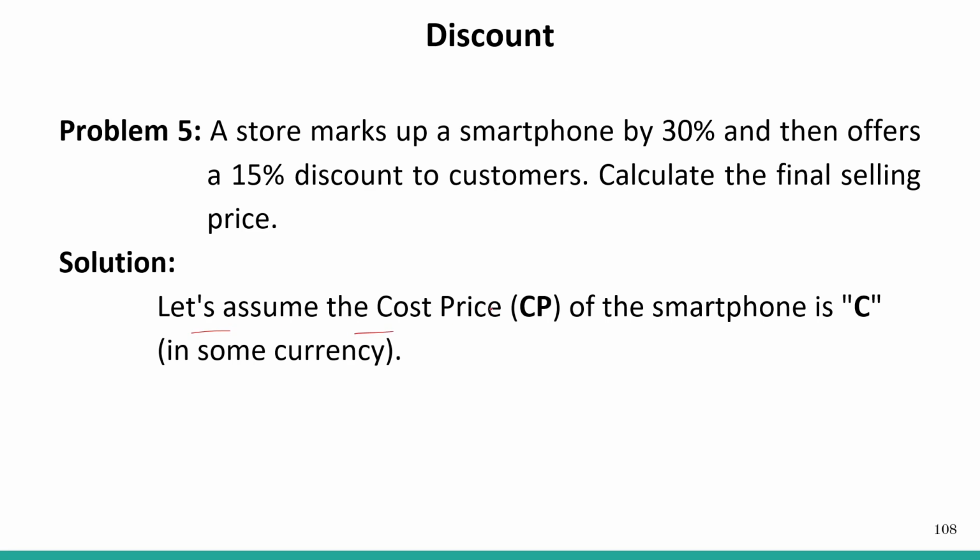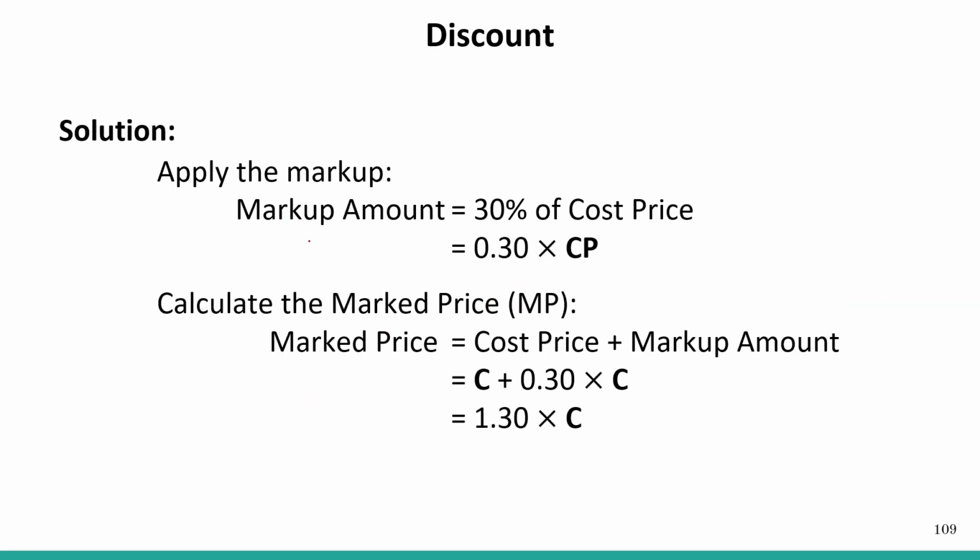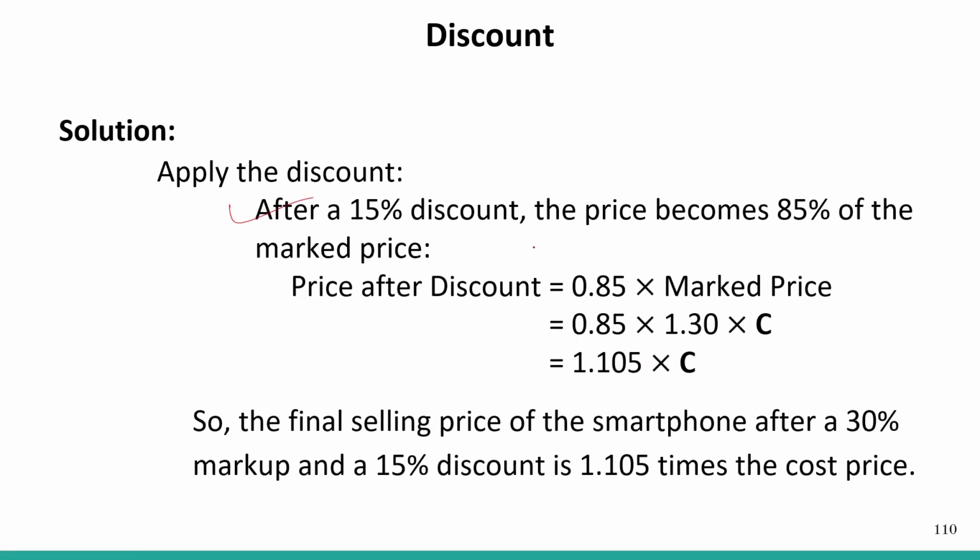So let's assume the cost price of the smartphone to be C. Okay, so markup amount is equal to 0.3 into CP, that is the cost price. So calculating the marked price is equal to cost price plus markup amount. So C plus 0.3C, that is equal to 1.3C. So after 15% discount, the price becomes 85% of the marked up price.